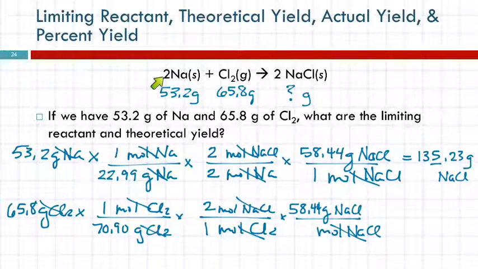The balanced chemical equation is giving you the correct formulas. We are looking at Cl2, so we need to calculate the mass of 1 mole of Cl2 molecules. It's not just Cl. So we do this mass, 65.8 divided by 70.9 times 2 times 58.44.